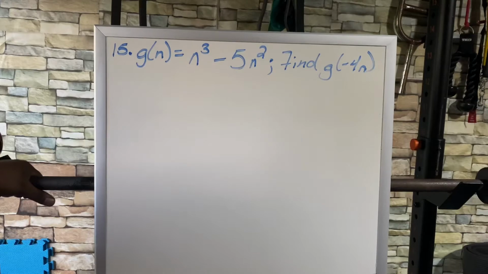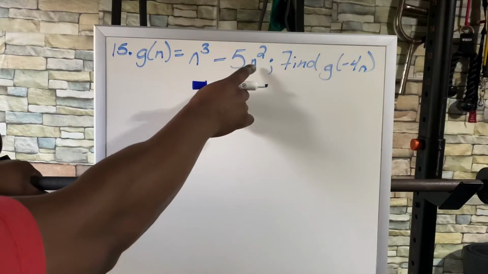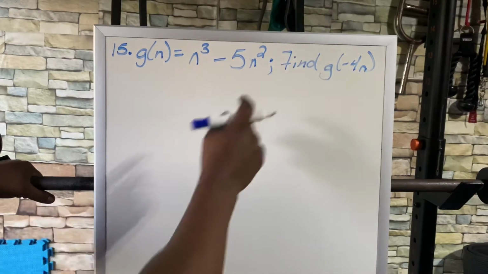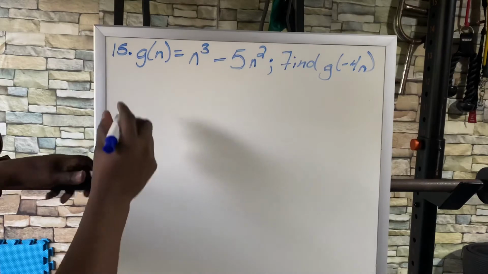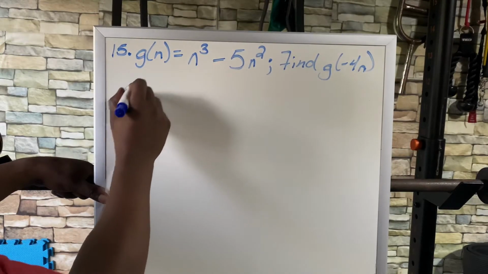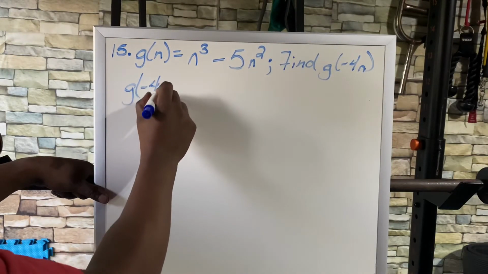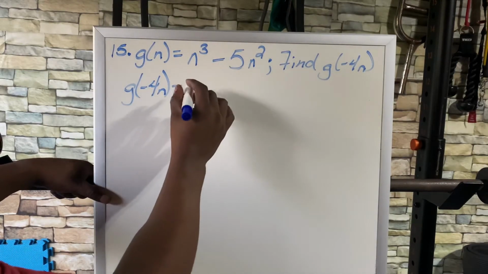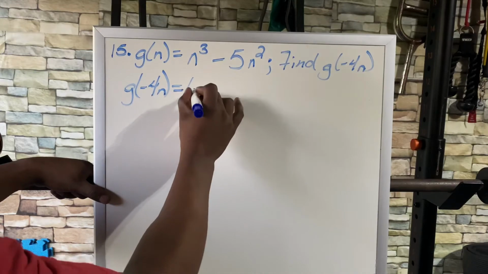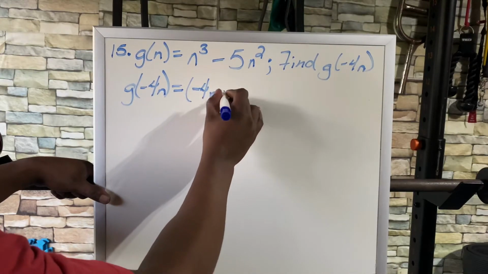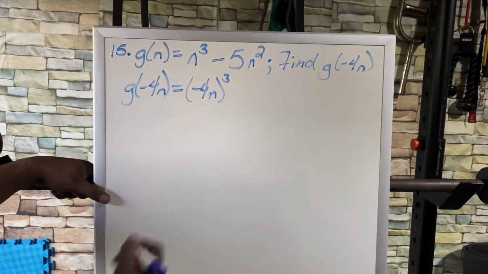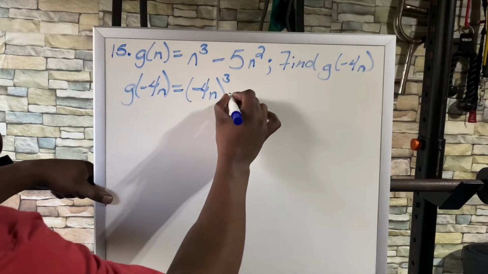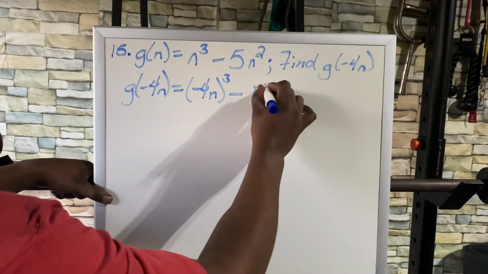Number 15, g of n equals n cubed minus 5n squared. Find g of negative 4n. G of negative 4n equals, and we're going to put negative 4n in parentheses and cube it, minus 5.